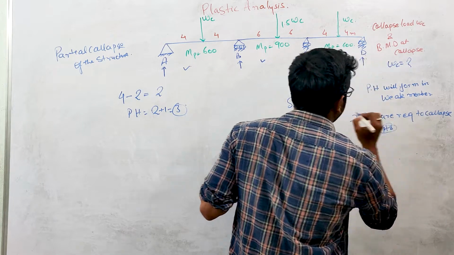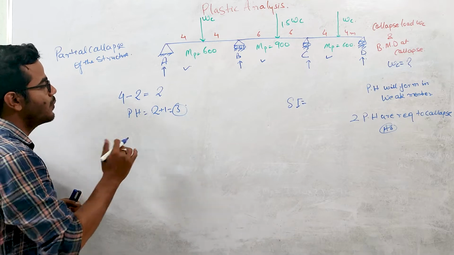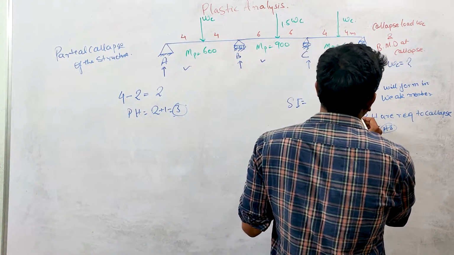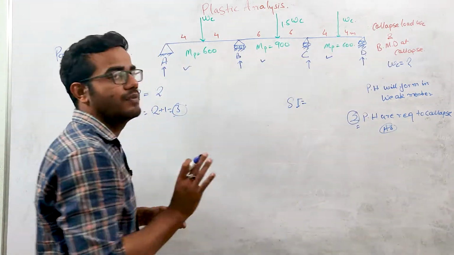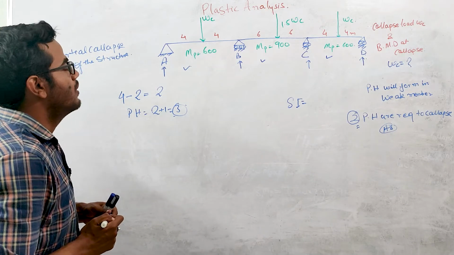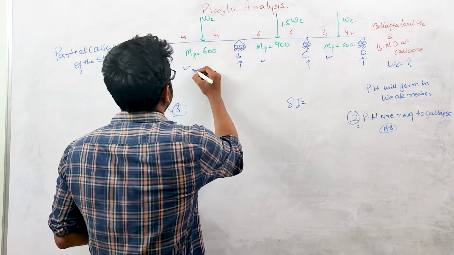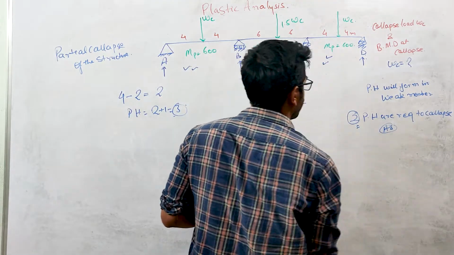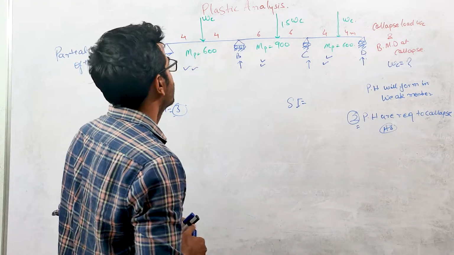So in the continuous beam, we need to check different spans. First I will check the AB span, then the BC span, and then the CD span. I won't check for the complete collapse of the structure because that load will be more.